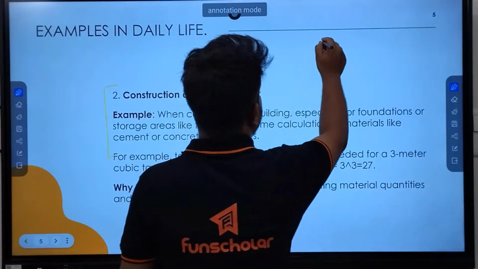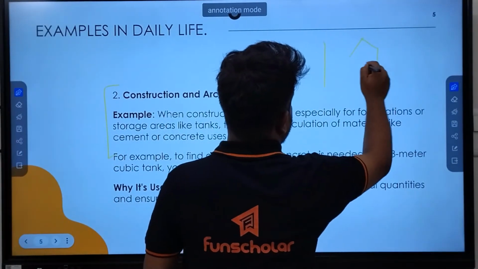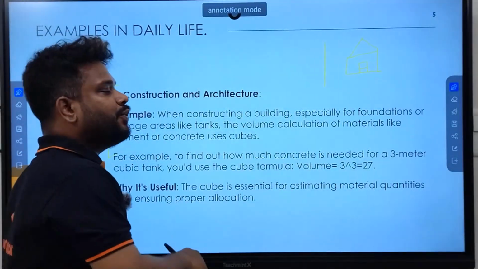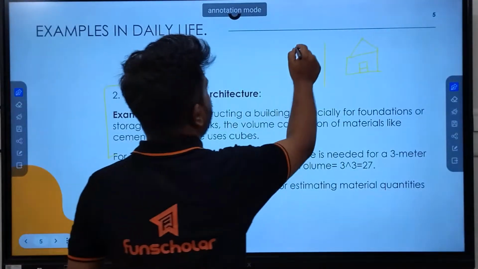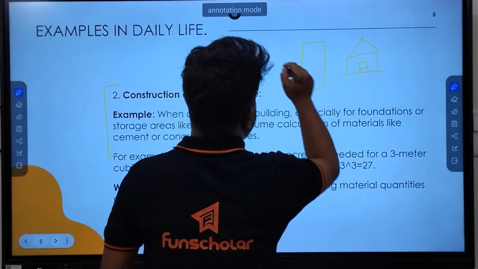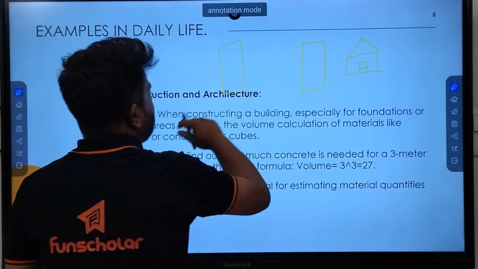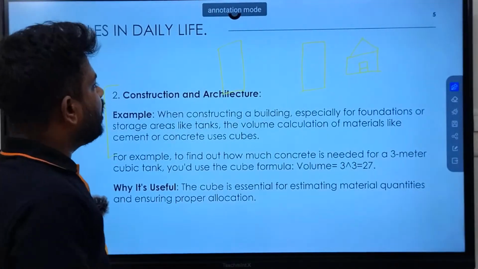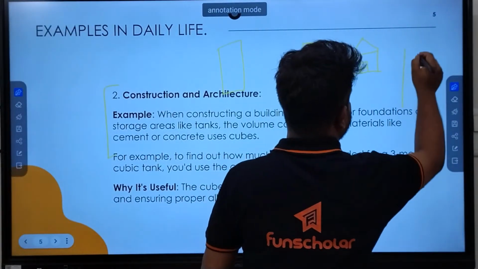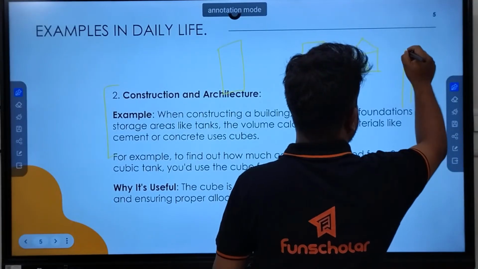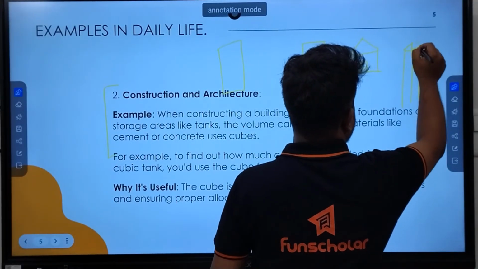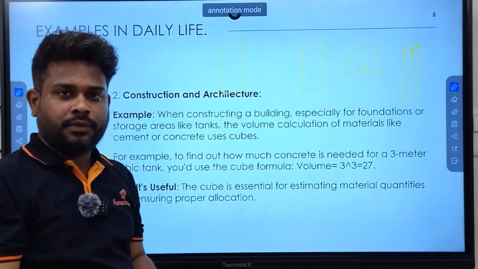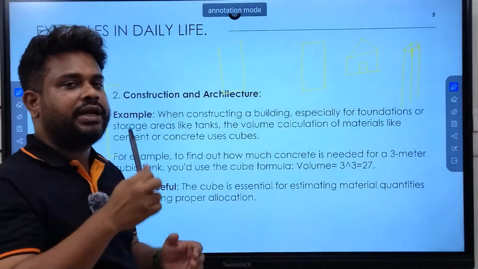Just like when we are building a house, just think of this as the house. You have seen that there are so many pillars in the houses people build, and then we build the whole house. So pillars are the foundation of any house. And talking about pillars, they are generally in the shape of a long cylinder, or maybe if you round it, it will be a cylinder.